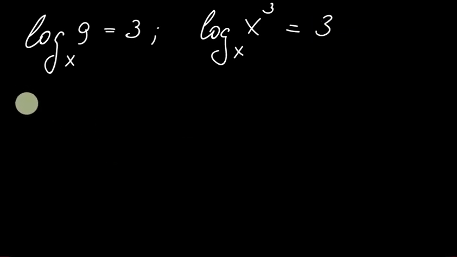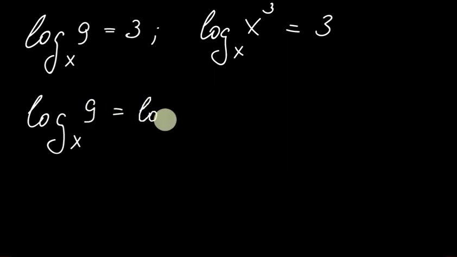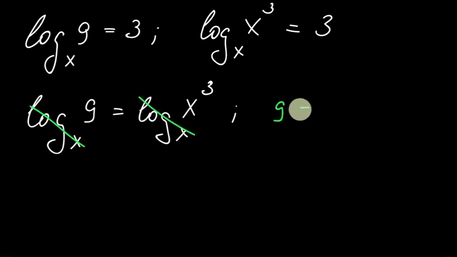So we can write it as log base x of 9 equals log base x of x to the third power. Now we cancel our logarithms and we get that 9 is equal to x to the third power, and x is equal to the cube root of 9.